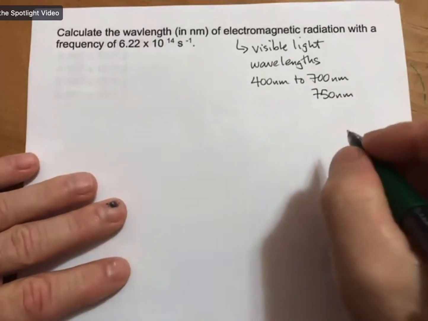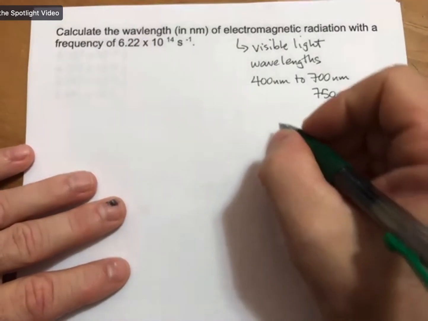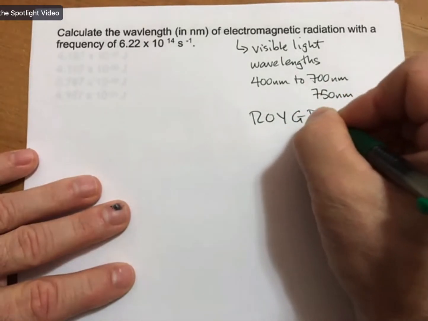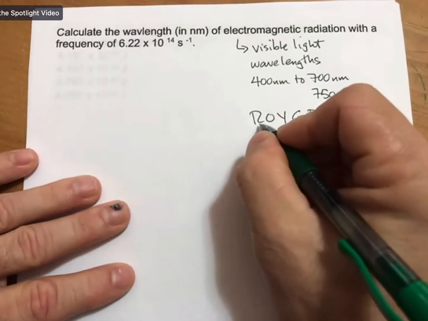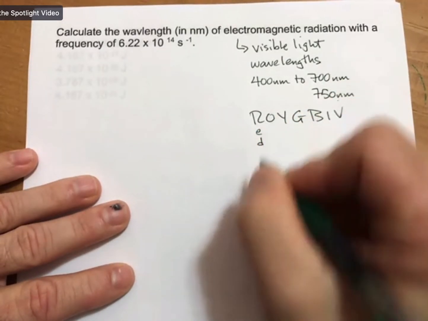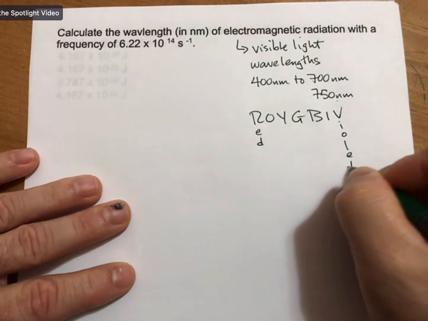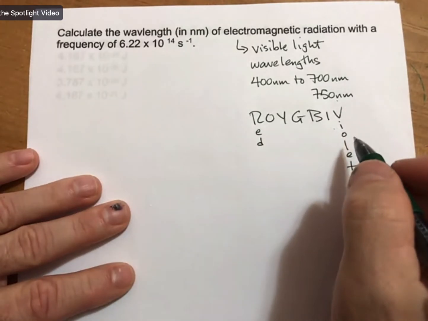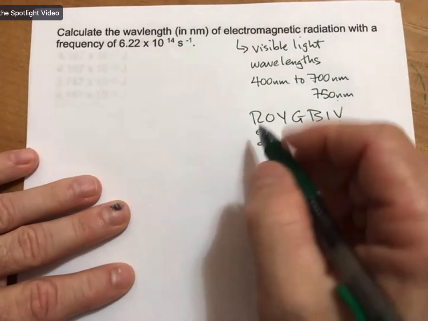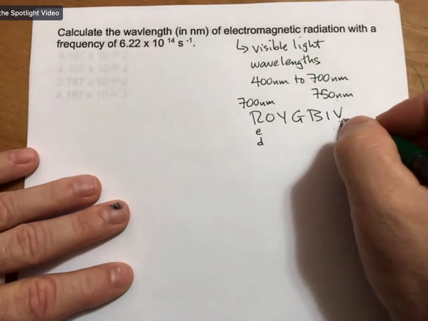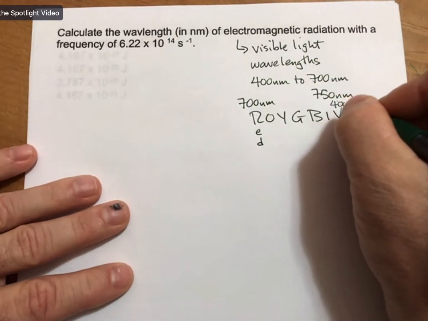And if you do the rainbow of colors, the rainbow of colors go ROYGBIV, where R is red and V is violet, with the other colors in between. So red is the 700 nanometers, and violet is the 400 nanometers.